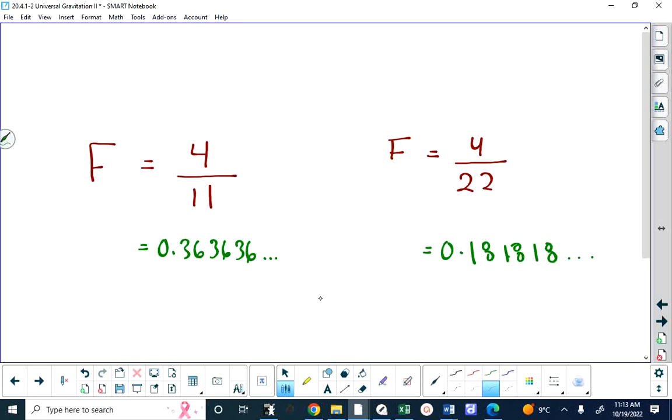Okay? And the lesson to be learned here is that when the bottom of a fraction gets bigger, the whole fraction gets smaller. And more specifically, I multiplied the bottom of this fraction by 2. Right? It went from 11 to 22. When I double the denominator of a fraction, I cut the entire fraction in half.